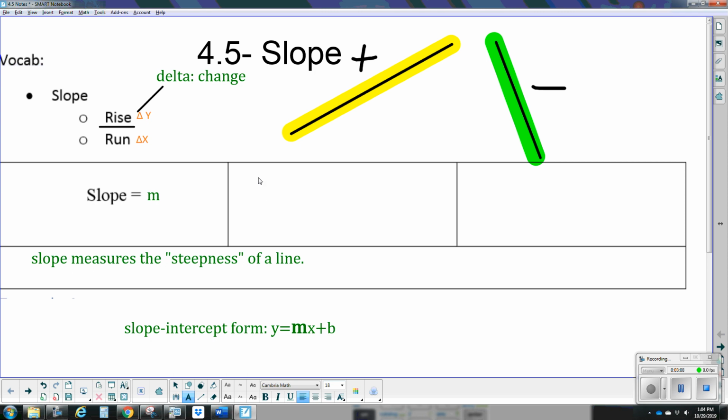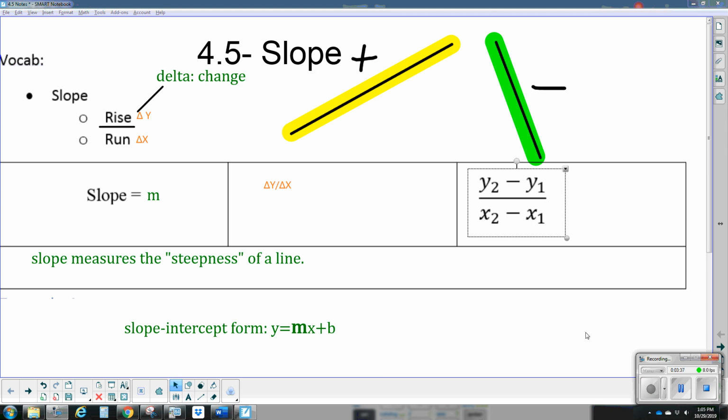So we can calculate slope by change in y divided by change in x. Or you may also remember using y2 minus y1 divided by x2 minus x1. I don't really have a way to do subscripts here, but there we go.